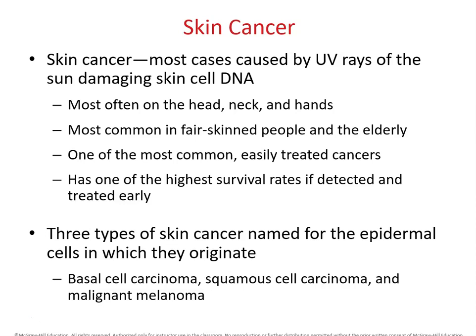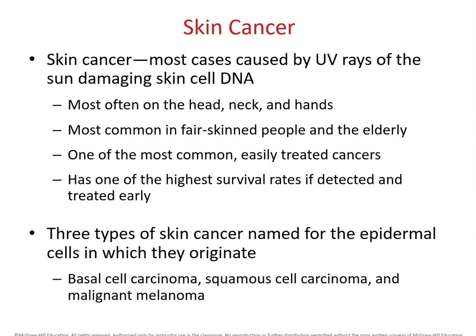Skin cancer is generally caused by damage to skin cell DNA caused by UV light. So the places that are most exposed to light are the places that are most likely to see skin cancer development. So we're talking about the head, the neck, and the hands.